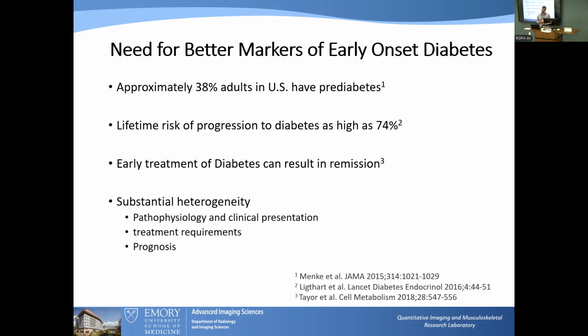We also know that there's a substantial amount of heterogeneity in this disease. Even though type 2 diabetes is one type, you have educated me quite a bit on genetic background and differences of ethnicity in terms of the presentation and progression of diabetes. There are different rates of progression, so the pathophysiology is likely different in different groups.